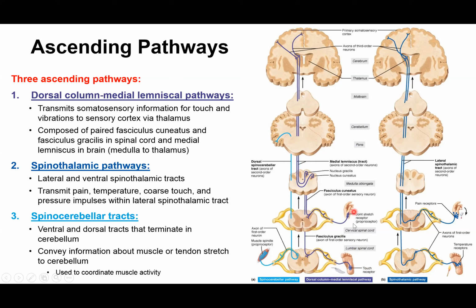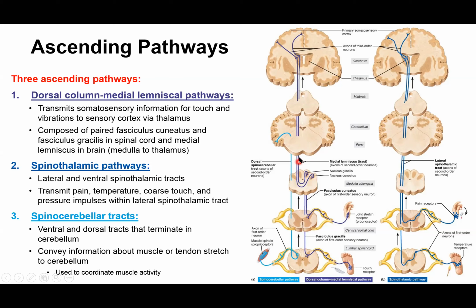But there are also first order neurons for the vibrations. Okay, so say that this is a vibration sensation here, and it will enter at the dorsal column, the dorsal pathway, and go up until it synapses onto the second order neuron.